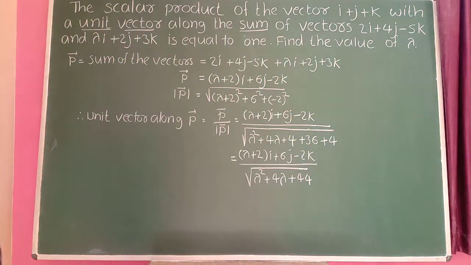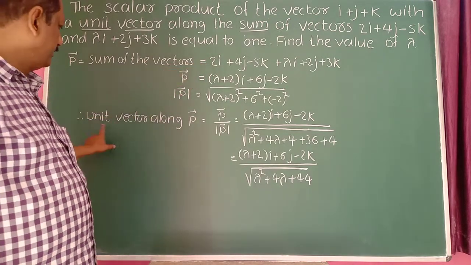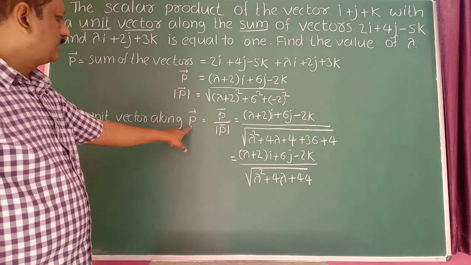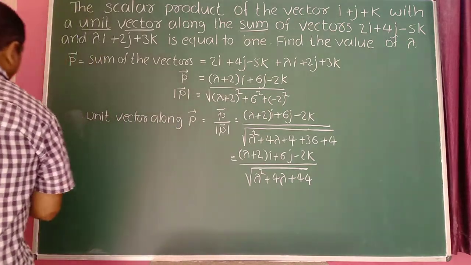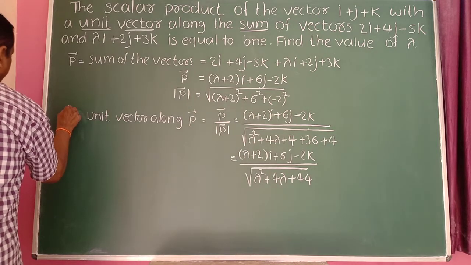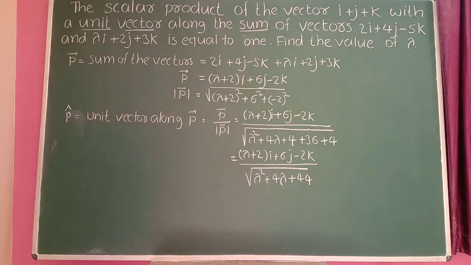So p bar is the sum of the vectors, and the unit vector along p bar is denoted as p cap.